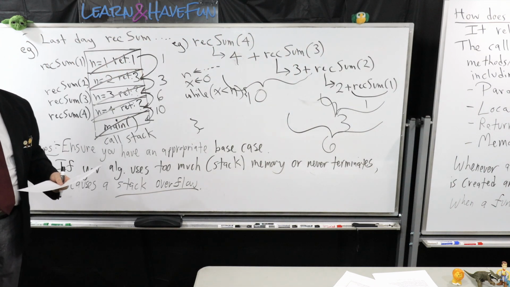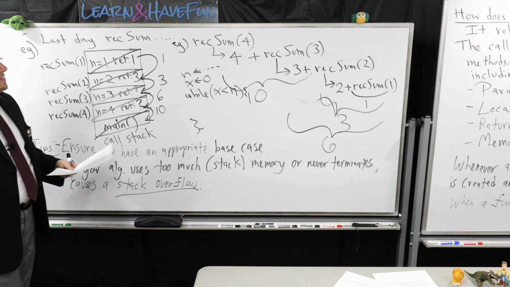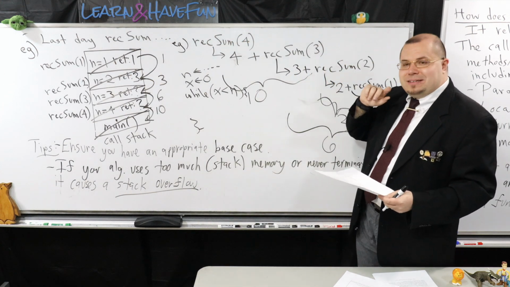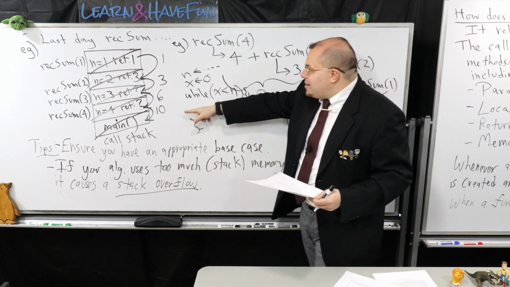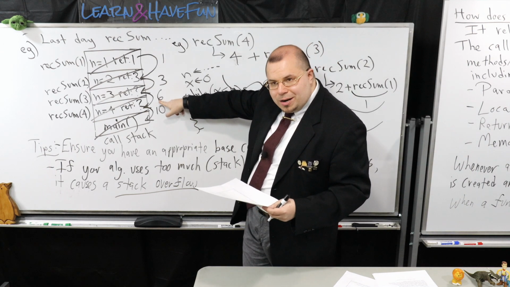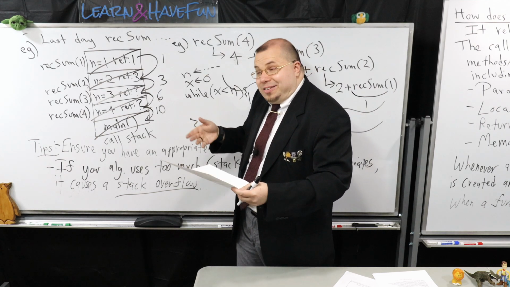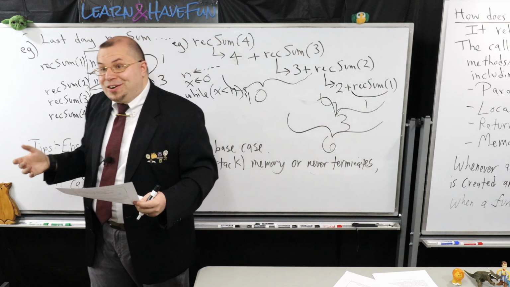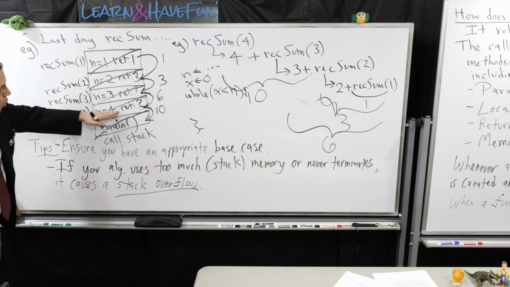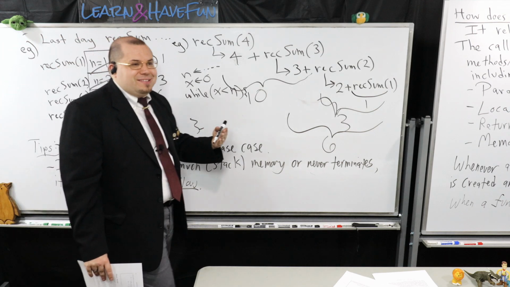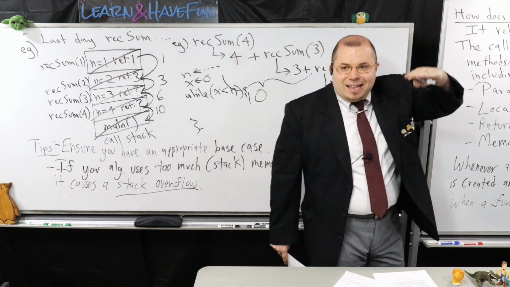Remember, every single time I make one of these activation records, and this is something interesting I haven't said much about, every function call has its own copy of its local variables. So if you use memory in each of these function calls, and you have a whole bunch of them, the total memory your algorithm uses depends heavily on how tall this stack gets.